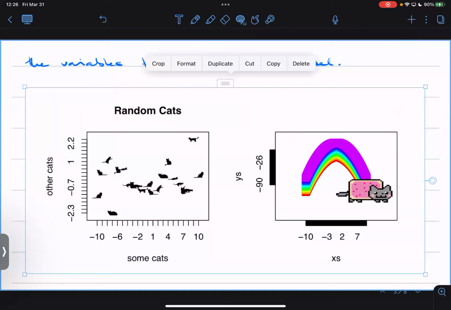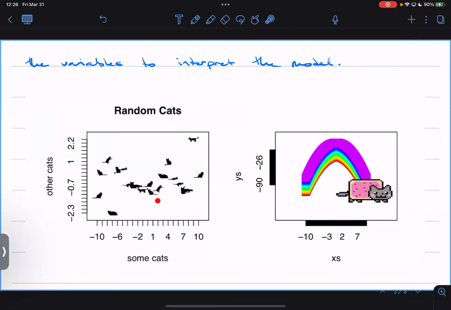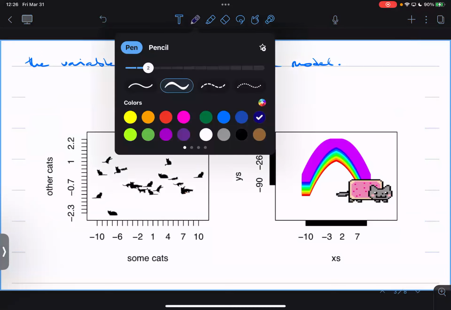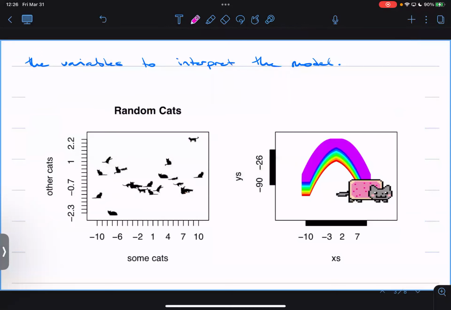Someone has made a scatter plot package in R, so then you can replace all your dots with cats, and there's all kinds of tweaks that you can make.